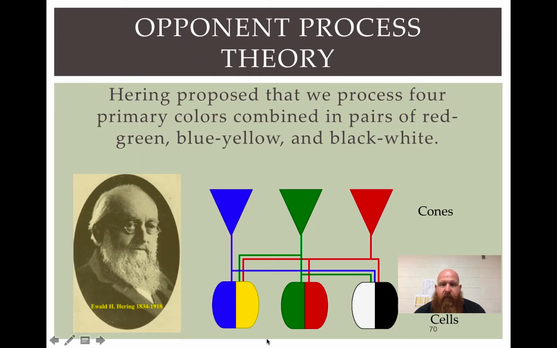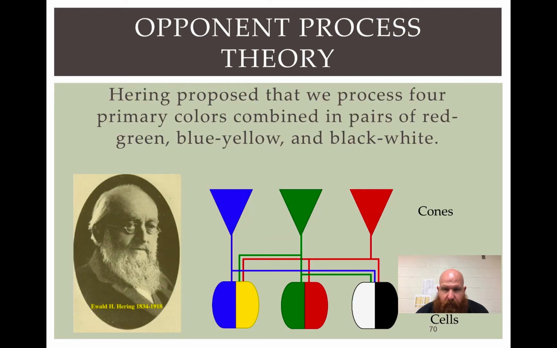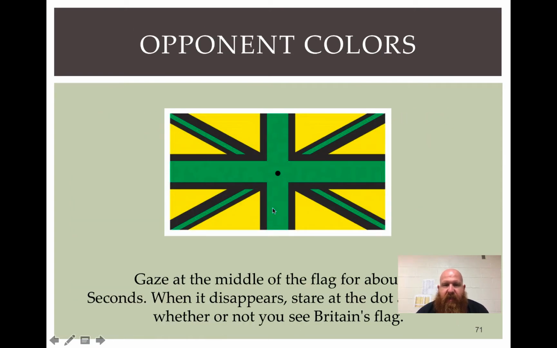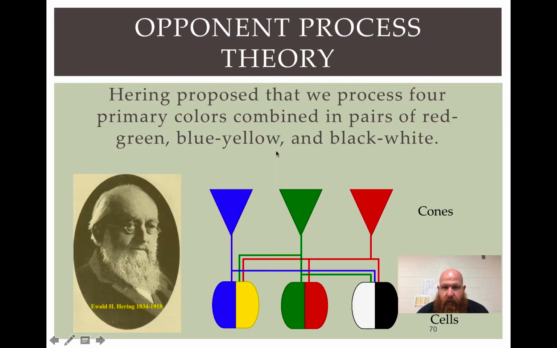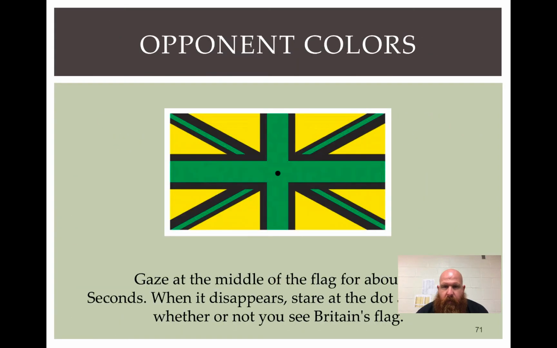Look here. Blue has the opposite of green, or blue will connect to green. This chart doesn't make sense. But the opposite color is the one you see. So here, the green would be red. The yellow would be blue.